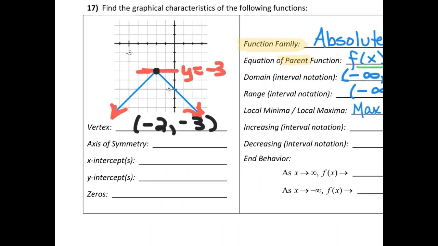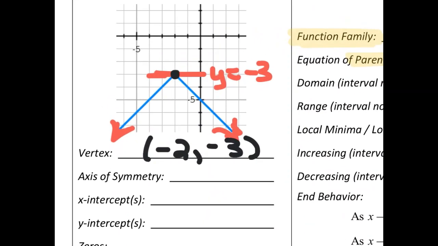Now this graph is increasing here and decreasing here. Think about an ant crawling on the graph from left to right. He's going uphill on this side of the graph and downhill on the other side of the graph.